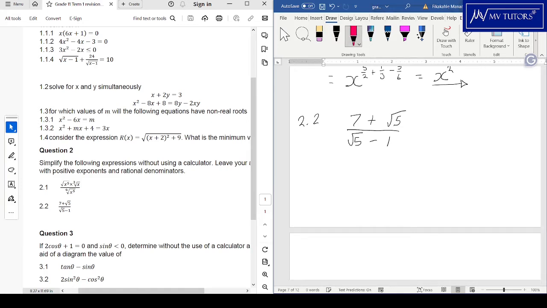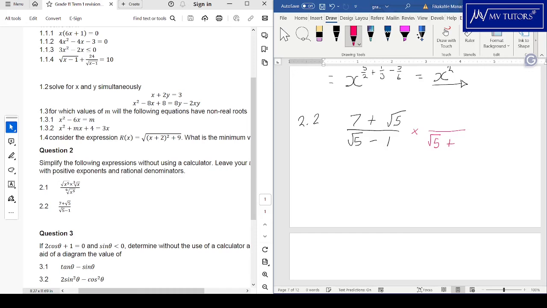That's why it's speaking of rational denominators. You rationalize the denominator because it has a surd. So what you do is you multiply to get rid of this. You take the surd, which is square root of 5, and then instead of multiplying with a negative, you put a plus.